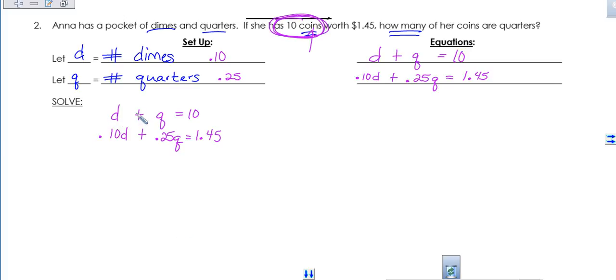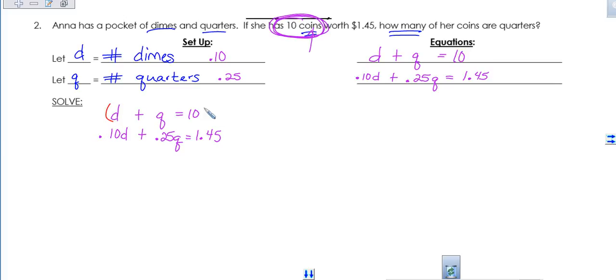So we could either do the dimes or we could do the quarters. It doesn't really matter. It's going to be easier to multiply by 0.10 than it is by 0.25, but it could go either way. So I'm going to go with the dimes here because 0.10 is smaller than 0.25. Now we want to get 0.10 for this one, but we also want it to be a negative 0.10 because we want it to be opposites.